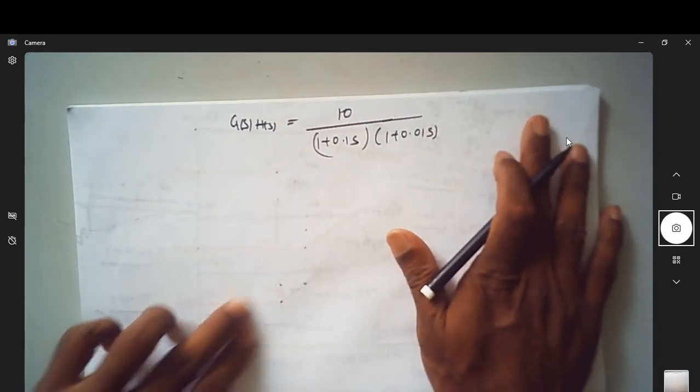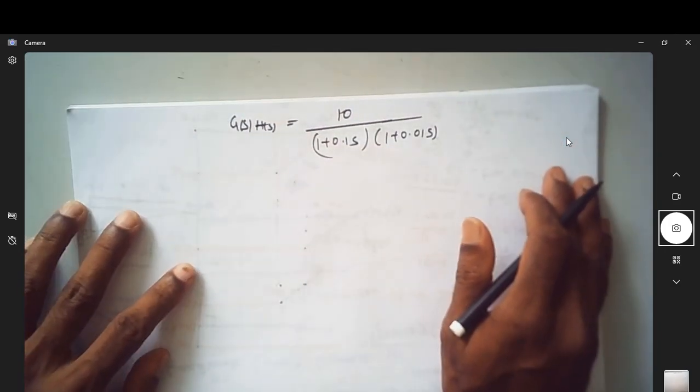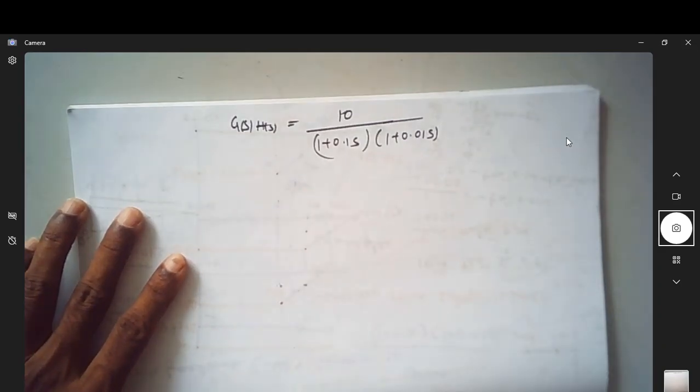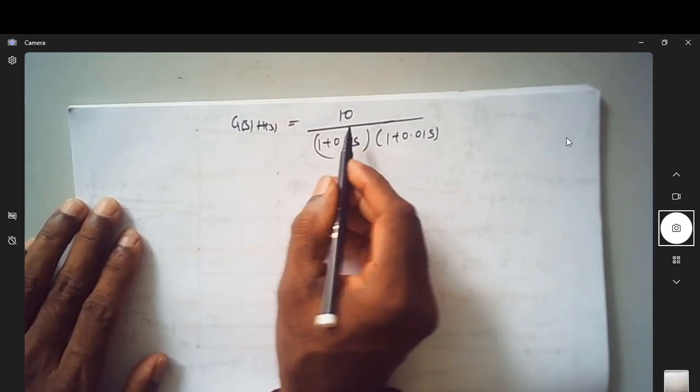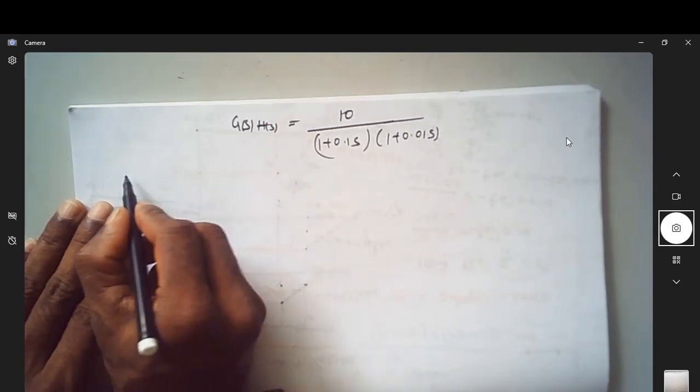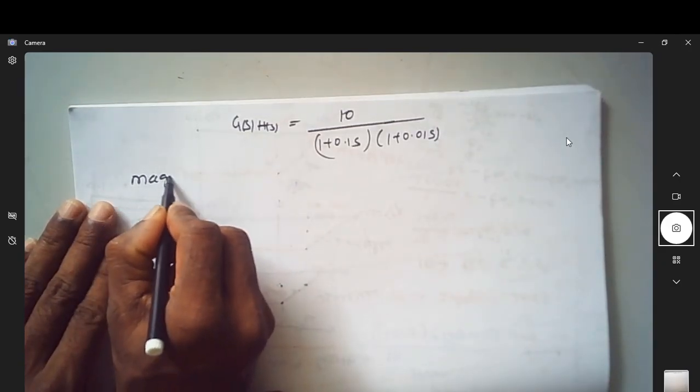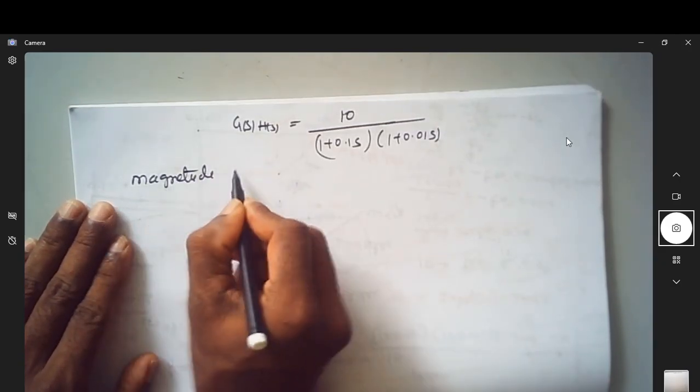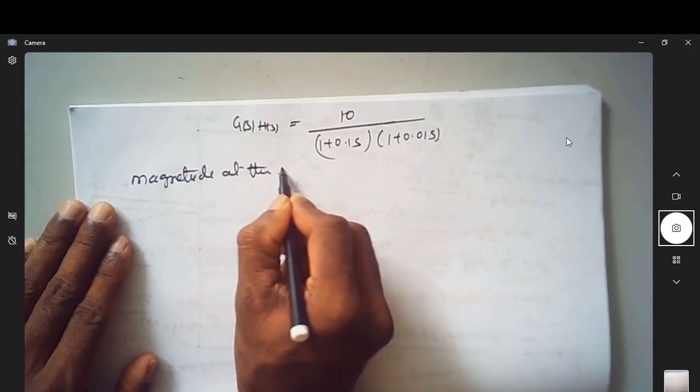So this is my transfer function. For this, let us try to understand what is the magnitude at the origin. So I want to know what is the magnitude at the origin.